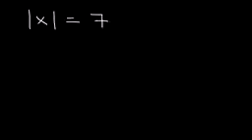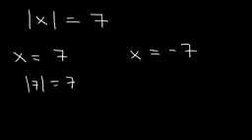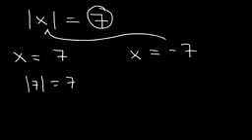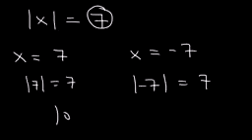In this case, x could be two possible numbers. It can be 7 or it could be negative 7, because the absolute value of 7 will give you 7. And if you plug in a negative 7, that too would still give you the same output, 7. So the absolute value function produces positive numbers. And the absolute value of 0 is 0. So it won't give you a negative output.